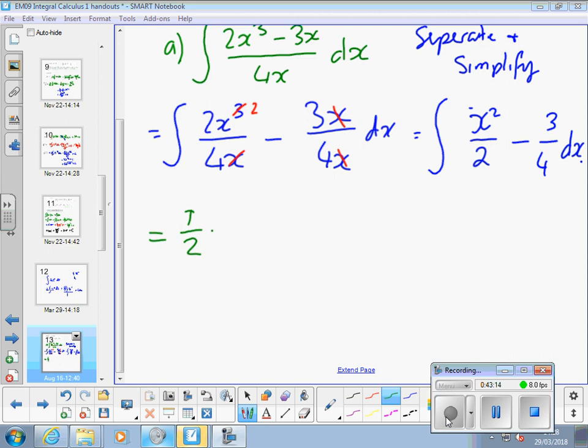Half x to the 3 over 3. Half is the constant multiplier.